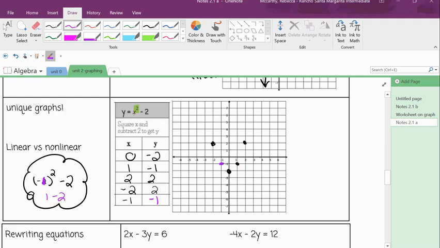What if I do 3? 3 squared is 9, minus 2 is 8. That's right up here, and over on this side, if I were to get -3, I would also get a 9, an 8.